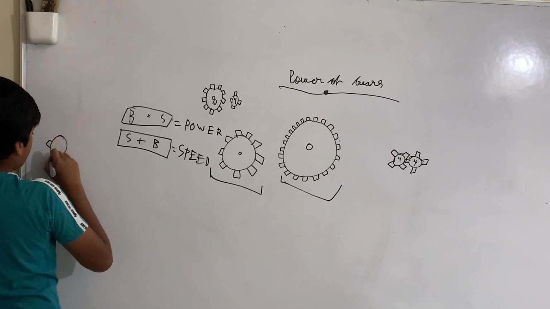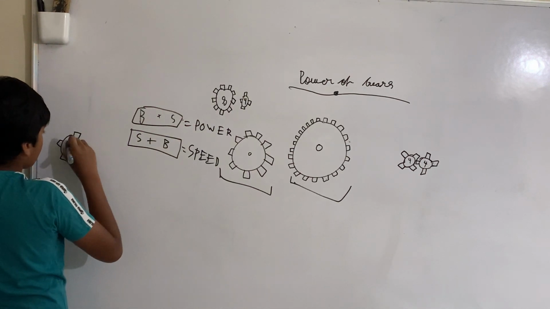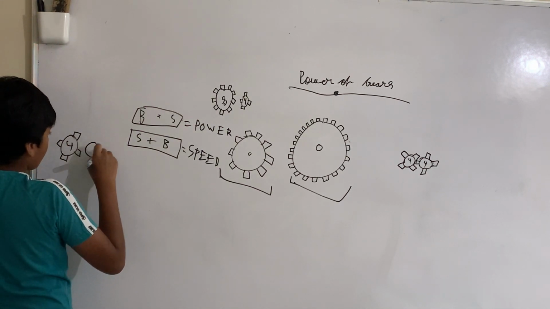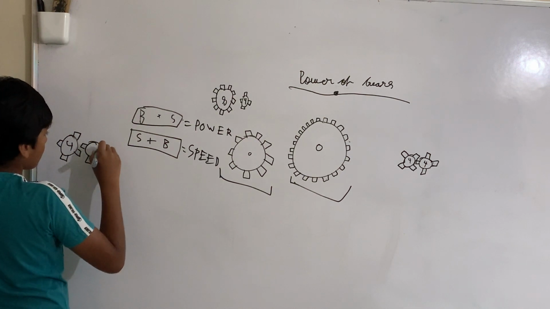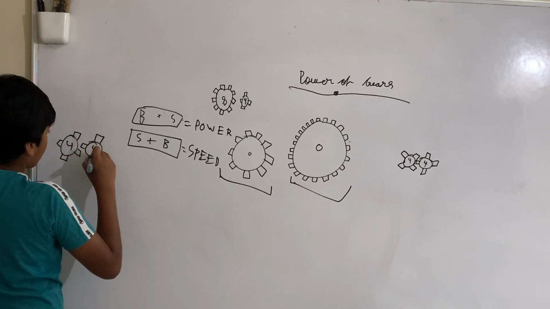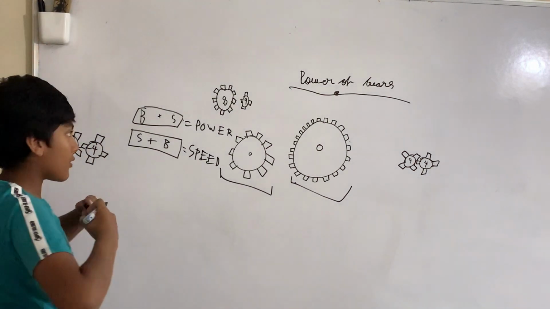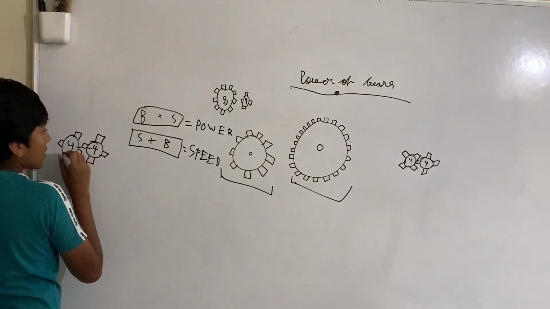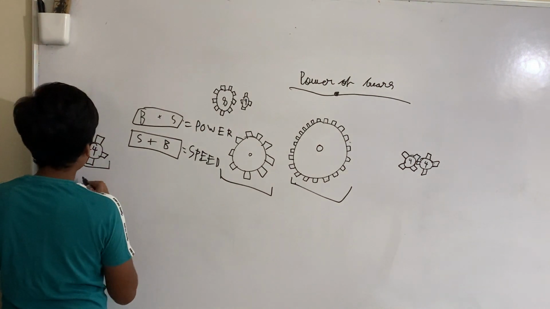So here we have 4, and we have the other 4. So here's 4 and 4. We mark them here. They should be equal. We mark them there.